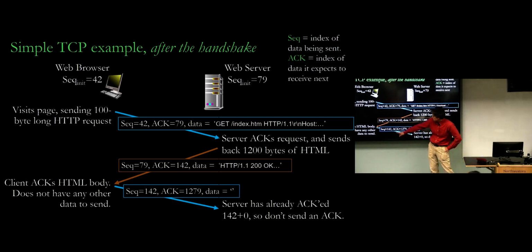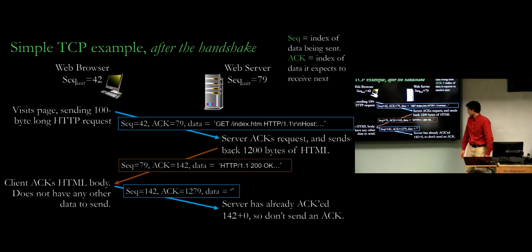So the sequence number it sends for itself is 142, saying the data I'm sending you begins at position 142 because I've already sent you 100 bytes of data. We started at 42. I'm acknowledging that I received everything on your end up to 1279, because that's what you get when you take the 79 that we started with and you add the 1200 that I received, and I'm sending you 100 bytes of data.